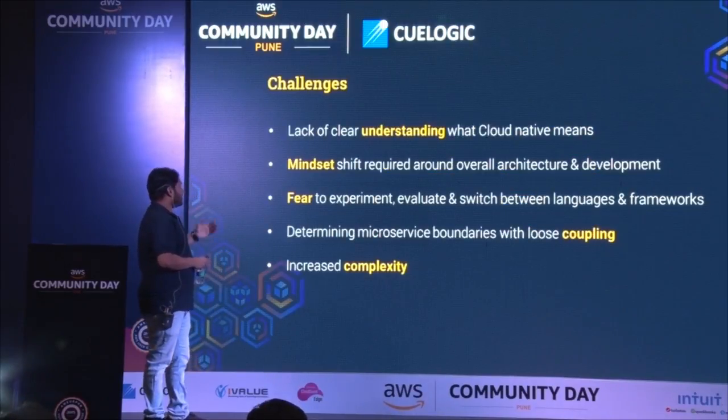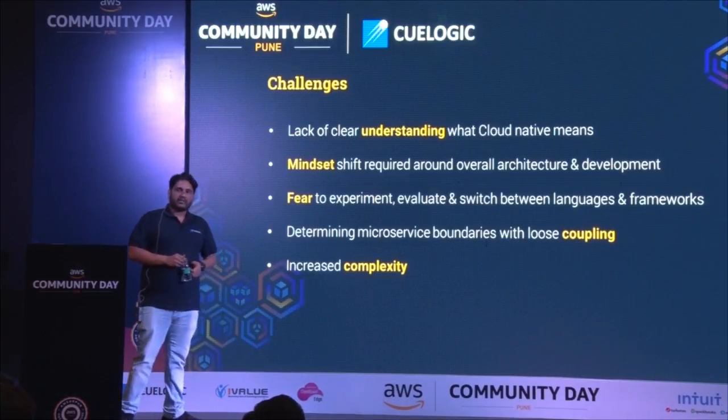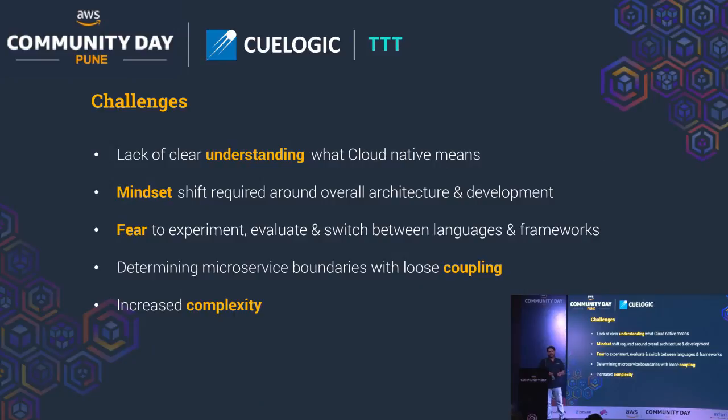Now, what are the challenges? I think the principal challenge for cloud native is that there's a lot of ambiguity in what cloud native means. I don't think everybody has a consistent definition, which is fine because it's difficult to define. Cloud native has evolved organically over a period of time, over the last 3, 4, 5 years.